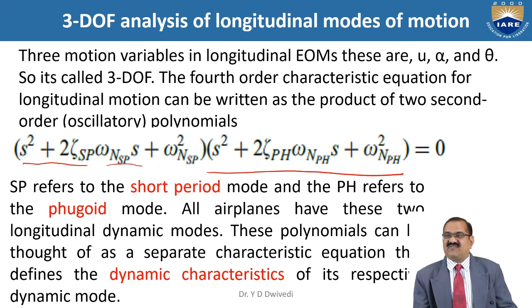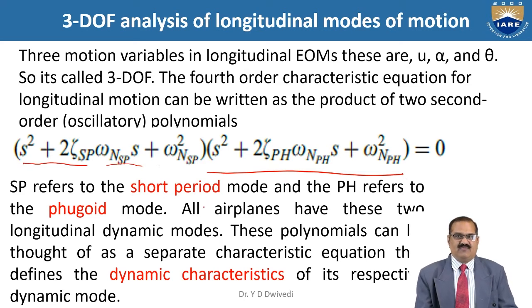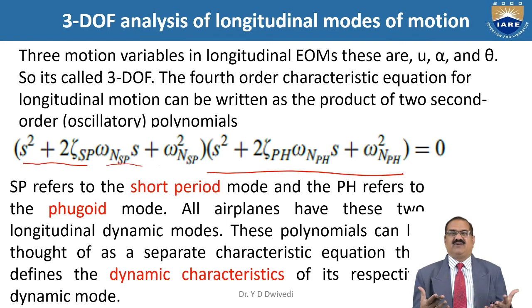Here ph stands for the phugoid and sp stands for the short period. All airplanes have these two longitudinal dynamic modes. Every aircraft will have these two dynamic modes: the short period mode, and the long period mode, another name for which is the phugoid. So these two equations will tell whether the aircraft is in the short period or the long period mode.